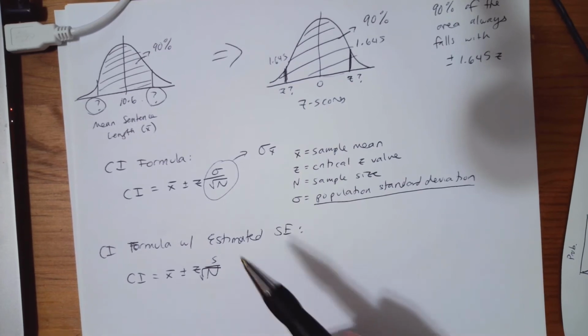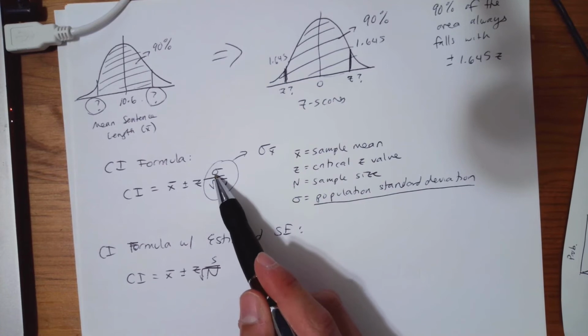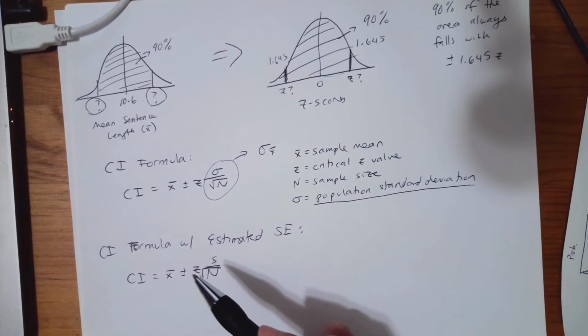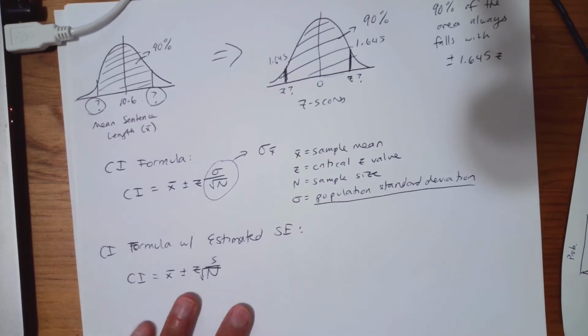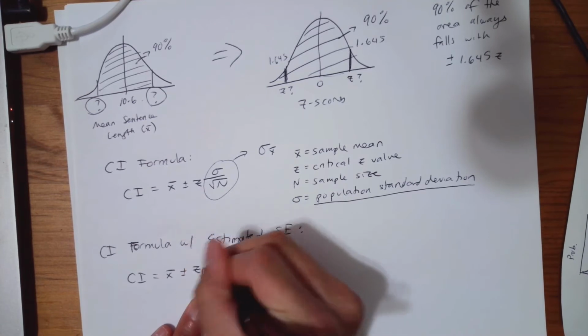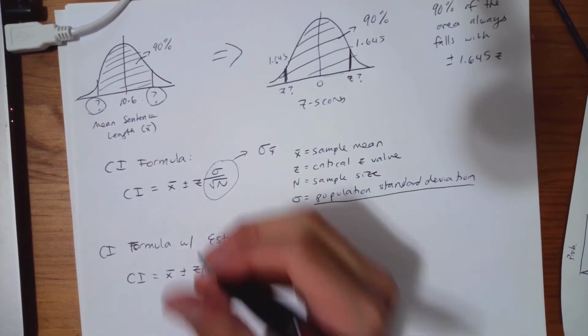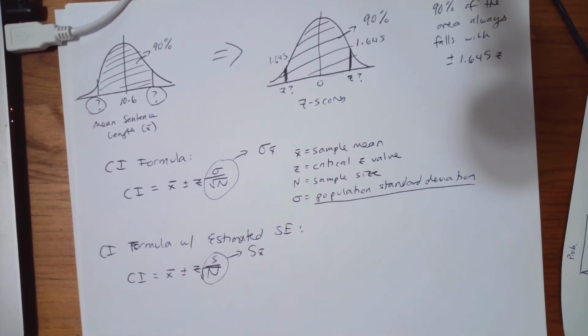So the only difference here is that we are taking our population standard deviation value and substituting it with s. And if you remember way back a couple weeks, s refers to the sample standard deviation. But I just want to take a quick moment to say that this whole term is going to be considered your estimated standard error, which we write as s sub x bar.